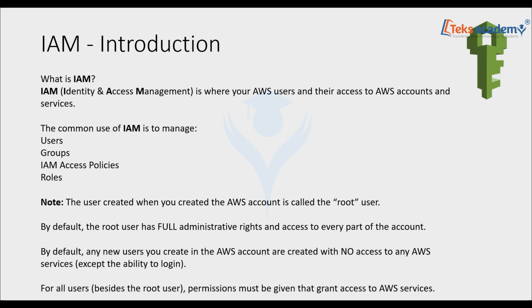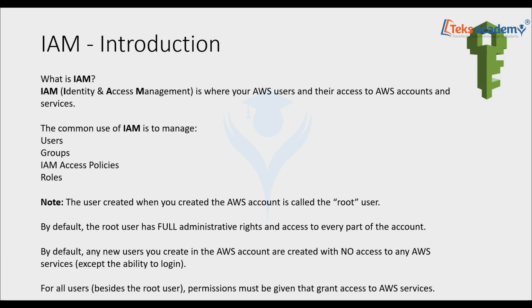When we create the AWS account, we will be creating the account using the root user. That is the top level user which has full control over the AWS account. It has full administrative rights and access to every part of the account. Whenever we create a new user in the AWS account, by default, IAM users will not have any access to any of the AWS services, except the ability to log into the management console.